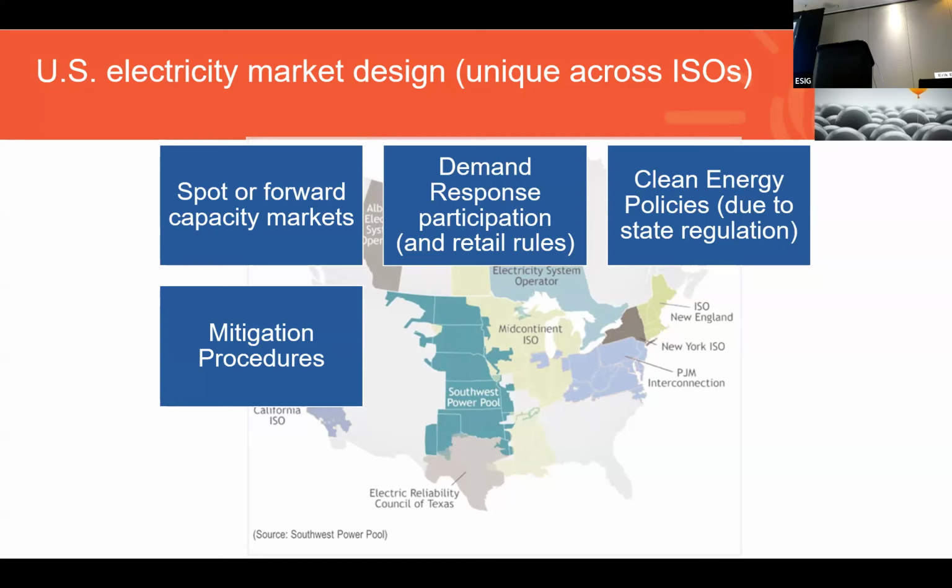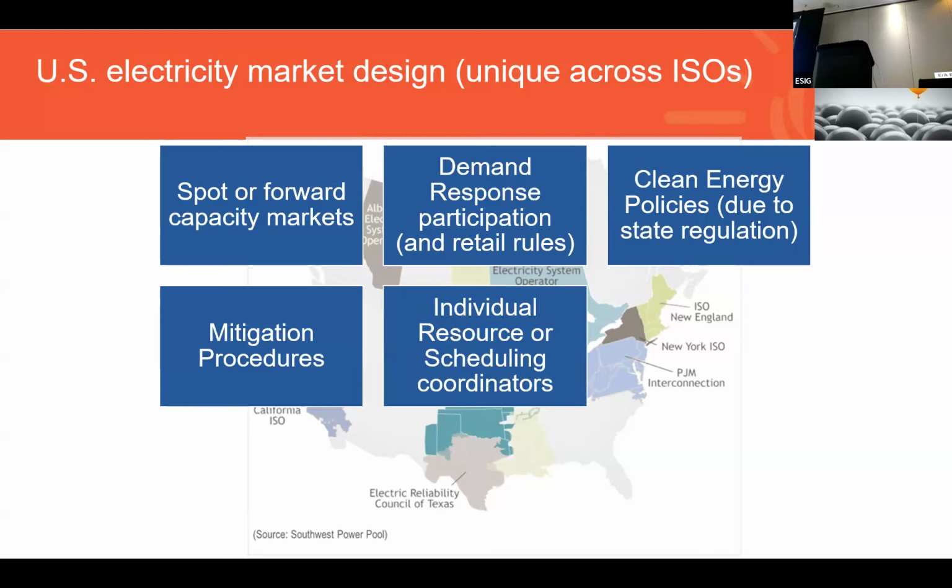But those differ quite a lot. Some RTOs have what are called conduct impact tests. Others have the three pivotal supplier test. Sometimes they look at whether there is an impact, or just mitigate the bid to cost offer regardless of what that impact is. So there's quite a lot of differences on how the mitigation procedures work across these regions.